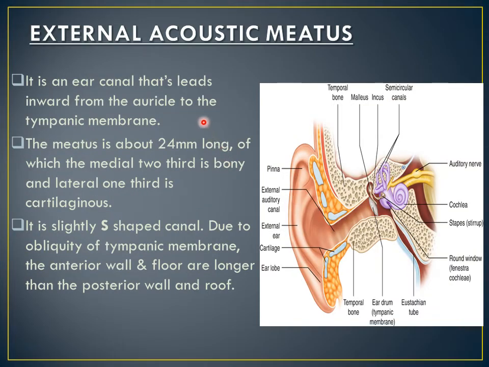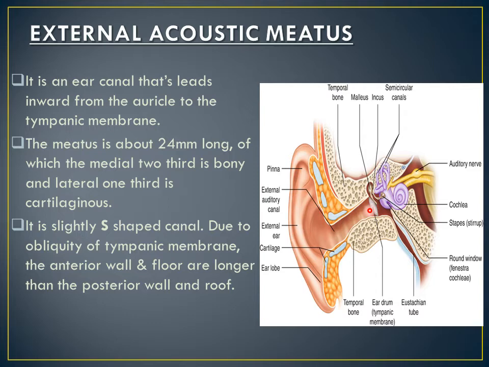External acoustic meatus or external auditory meatus. It is an ear canal that leads inwards from the auricle to the tympanic membrane. So what is the extent of the external auditory meatus? It extends from the auricle to the tympanic membrane. Here the anterior wall of the external auditory meatus has been removed to show you the interior of the canal.